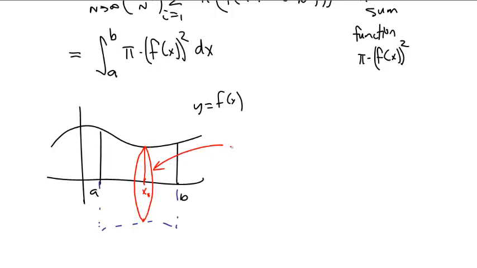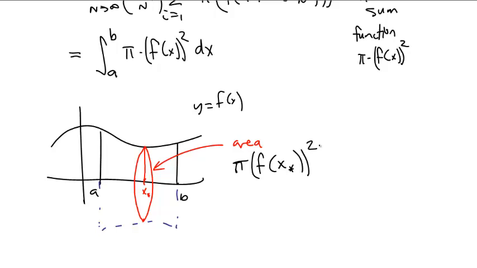And the area of that circle is going to be pi times whatever you get when you plug that value into f, pi f of x star squared.